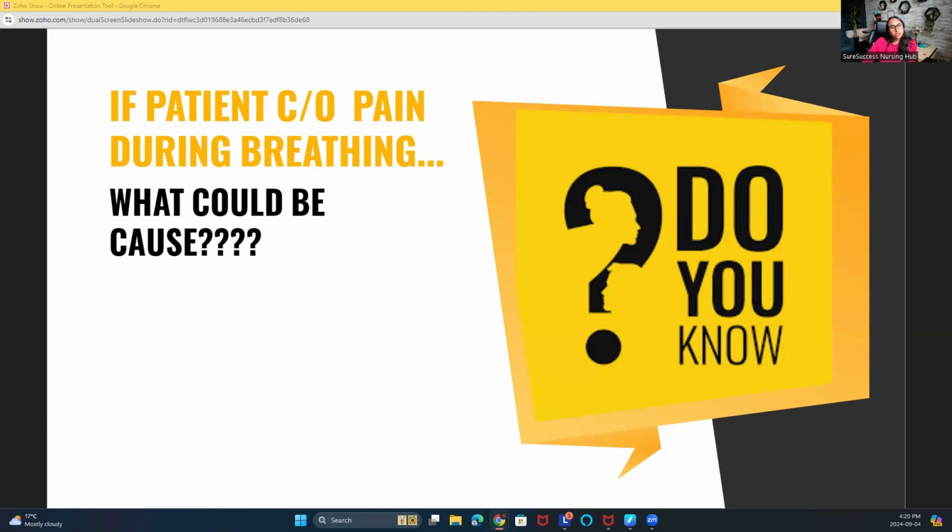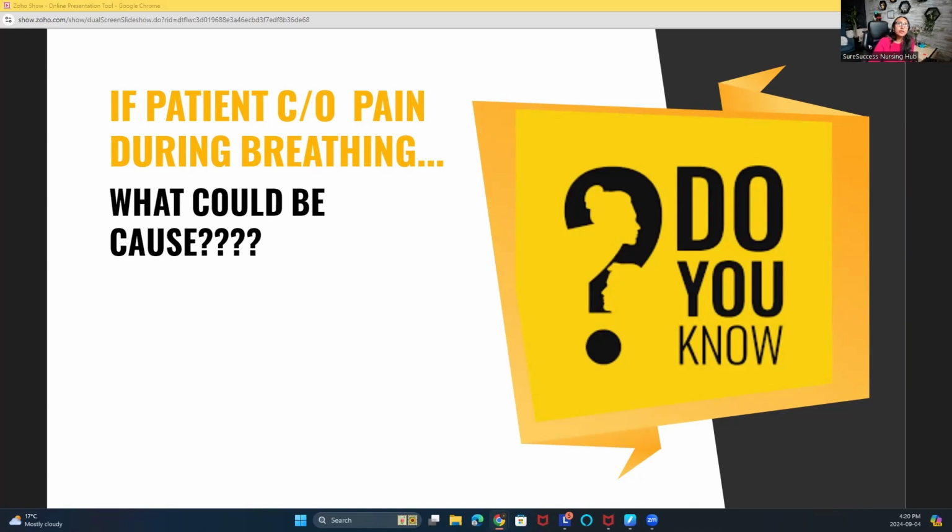So now let's imagine I'm your patient and I'm having chest pain when I'm breathing in. Does it mean I am having myocardial infarction or something related to the lungs? Something related to the lungs. What can it be? Any guess? Pleural effusion. Pleural effusion is one of them, yes, it can be. Pneumonia.